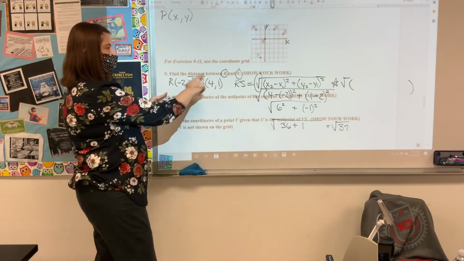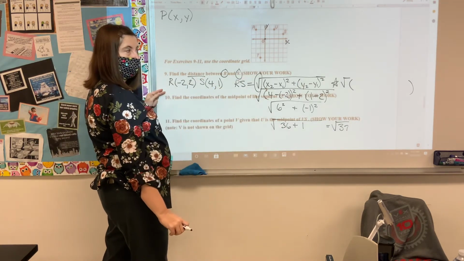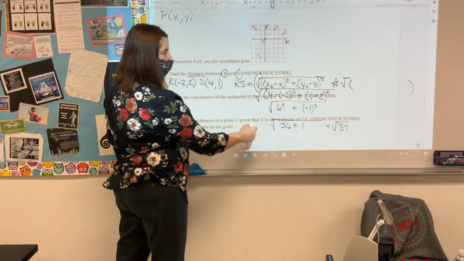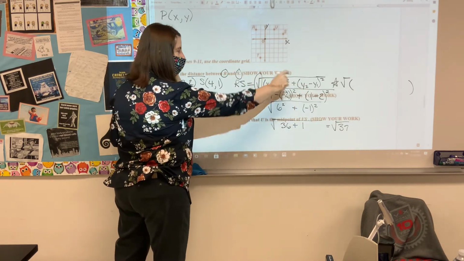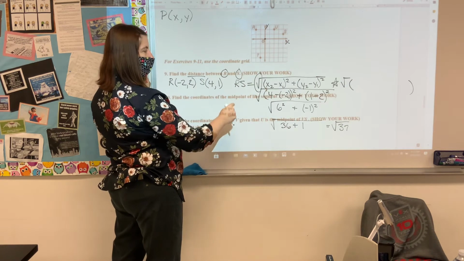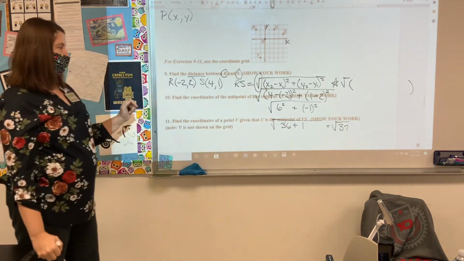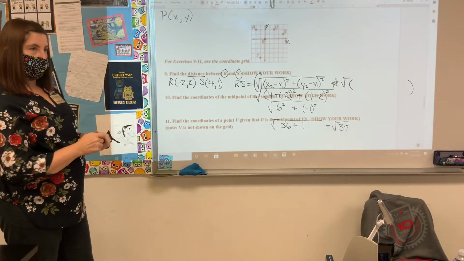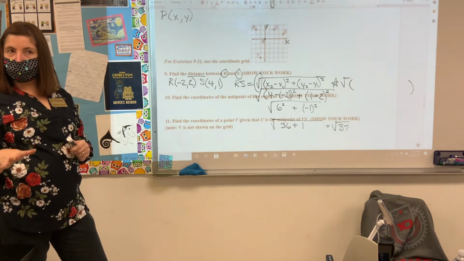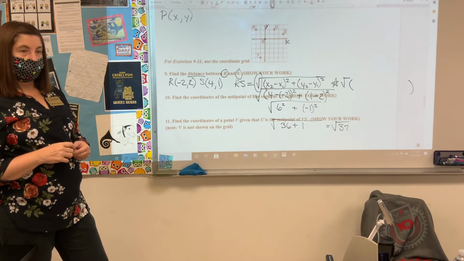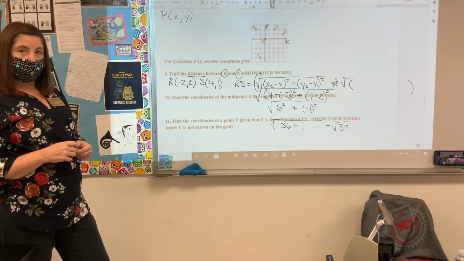But this was what we needed to apply. Okay, the difference in x, the difference in y, you square each of those, and then take the square root of everything. Any questions on that one? Did we just write square root 37? Yeah, we actually, that's it. Okay. You can leave it there.